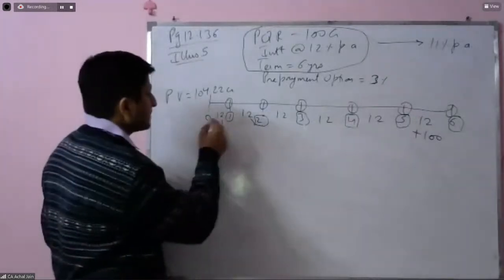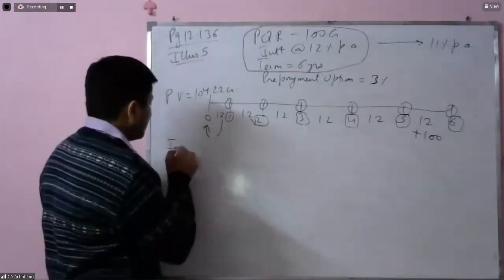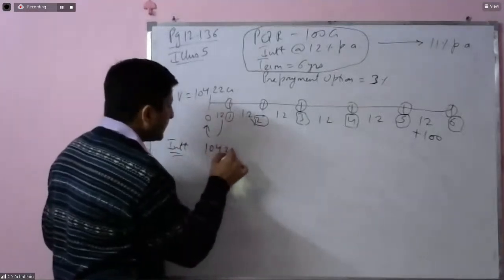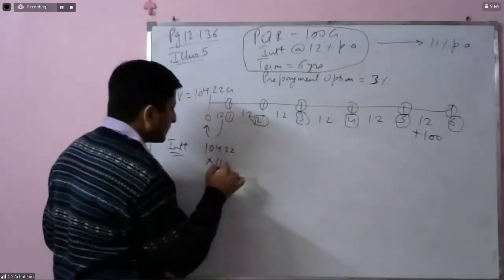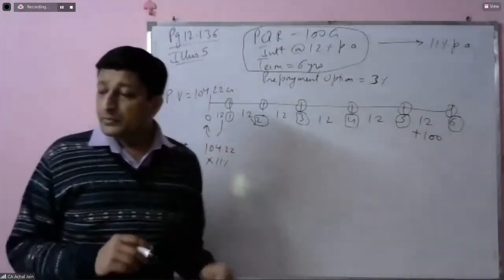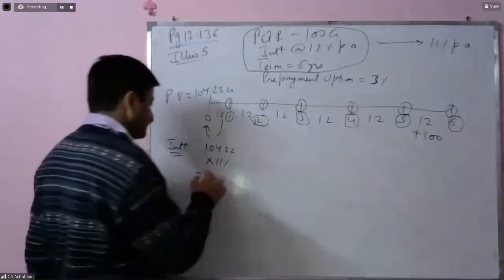In the first year, interest will be 104.22 into 11%, which comes out to 11.46.